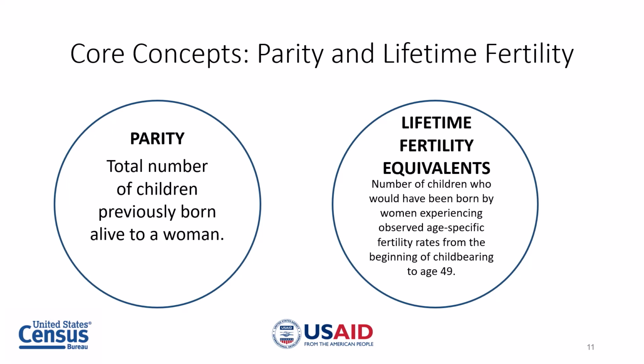Parity refers to the total number of children previously born alive, or the total number of children ever born to a woman. Lifetime fertility equivalent refers to the number of children who will have been born by women experiencing observed fertility rates from the beginning of childbearing at age 15 to age 49.